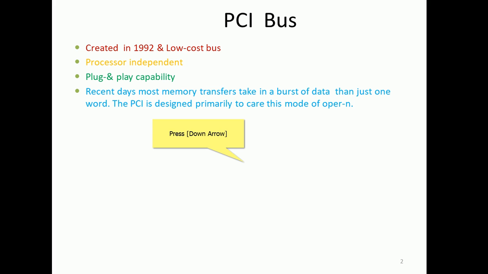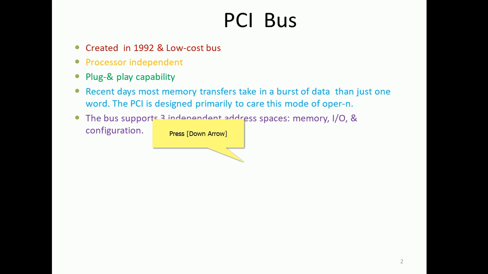In today's technology, for most memory concepts only a few bytes of data will be transferred, just one word. The Peripheral Component Interconnect is designed primarily to carry this mode of operation, such as burst mode data transfer, as we discussed in the DMA controller. The bus supports 3 independent address spaces. What is a bus? A bus is a collection of wires which carries the data, address and control information.